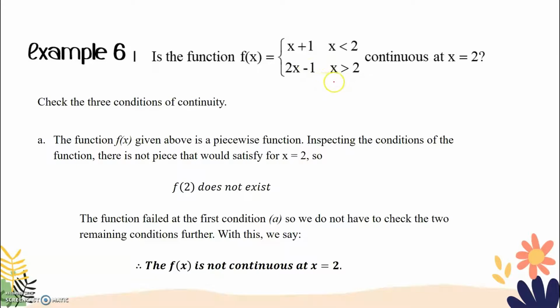There is no piece of the function that is true for x equals 2, meaning f of 2 does not exist. Since the function failed at the first condition, we do not have to check the two remaining conditions. With this, we say that f of x is not continuous at x equals 2.